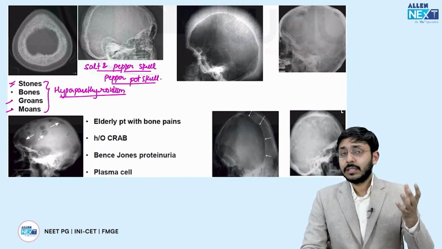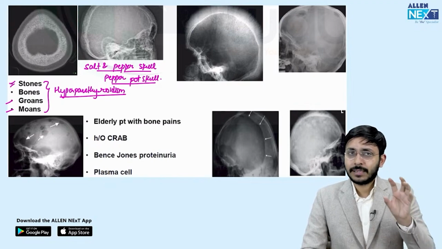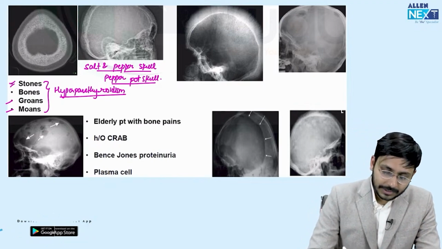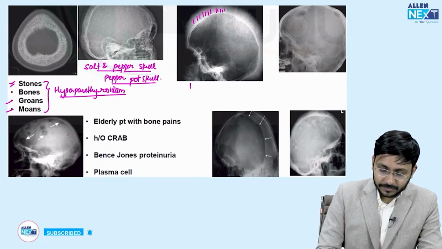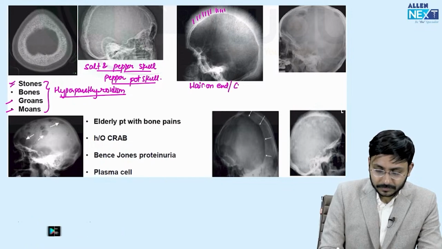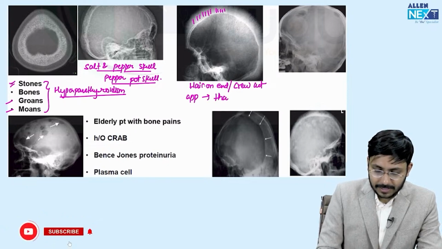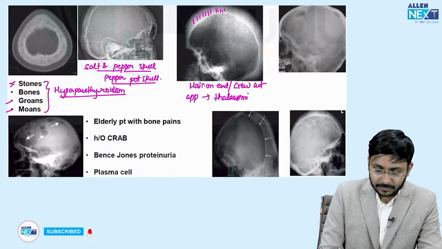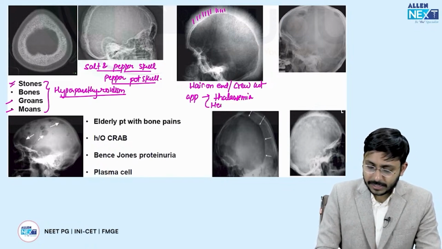Now, some other appearances of skull not related to hyperparathyroidism but which come as a spotter. So this crew cut appearance or hair on end appearance, we call it hair on end or a crew cut appearance. This is seen in thalassemia, or in general you can call it hemolytic anemias.